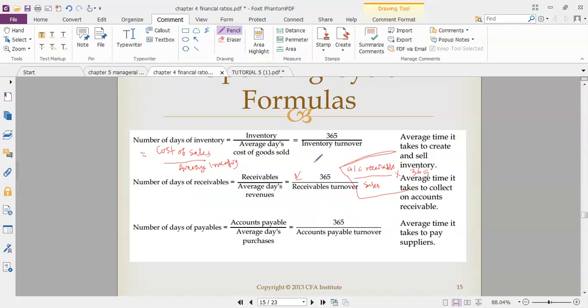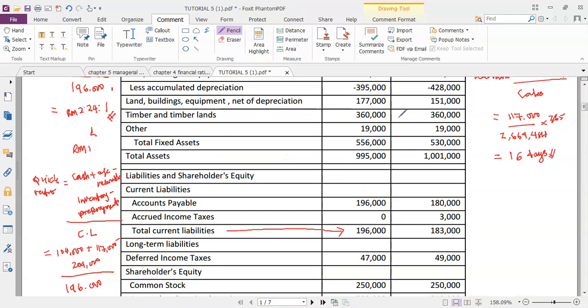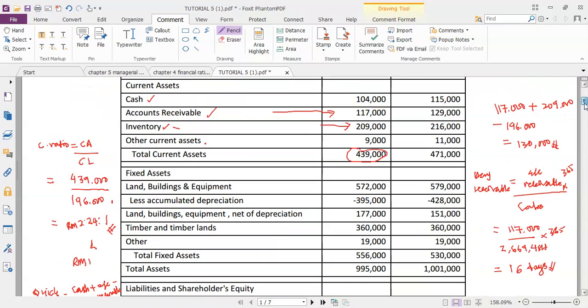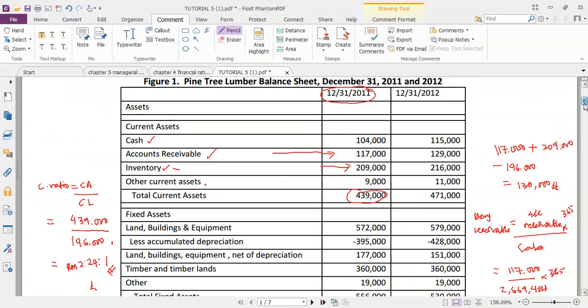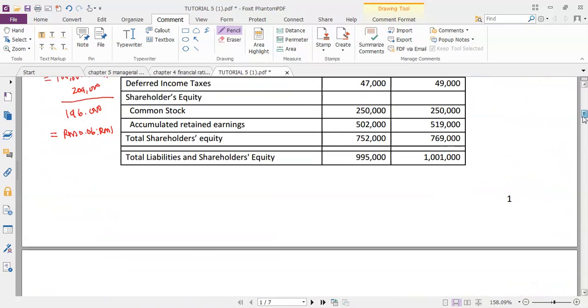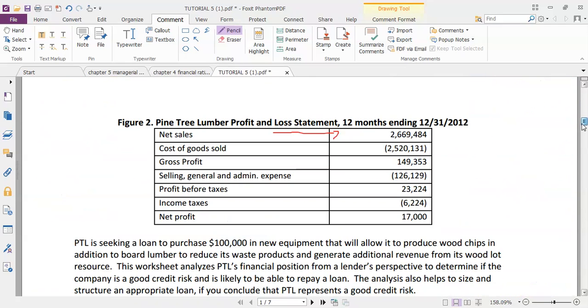How to calculate the number of days of inventory if there is no closing or opening inventory here? So never mind, let's just ignore the question.